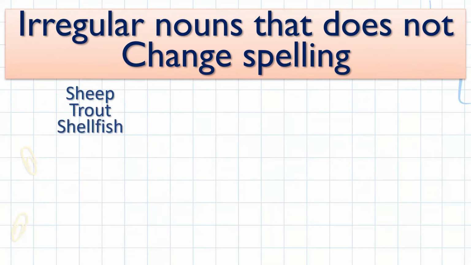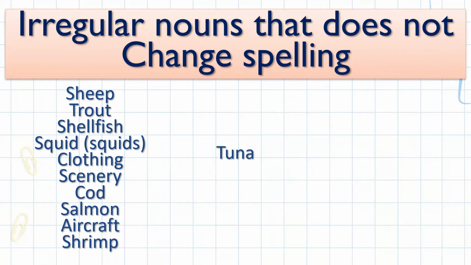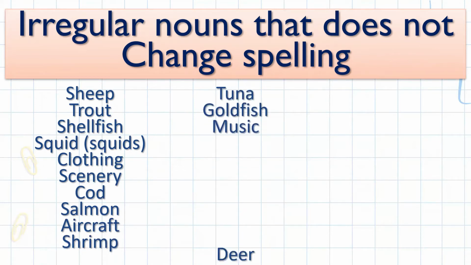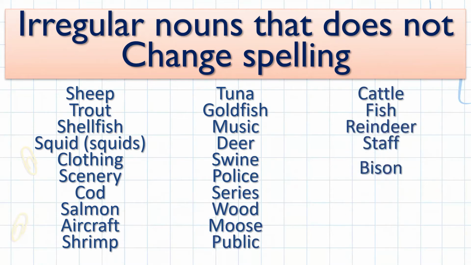Sheep, trout, shellfish, squid, clothing, scenery, cod, salmon, aircraft, shrimp, tuna, goldfish, music, deer, swine, police, series, wood, moose, public, cattle, fish, reindeer, staff, bison, species, and offspring.